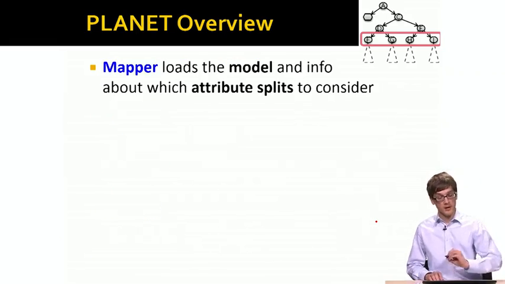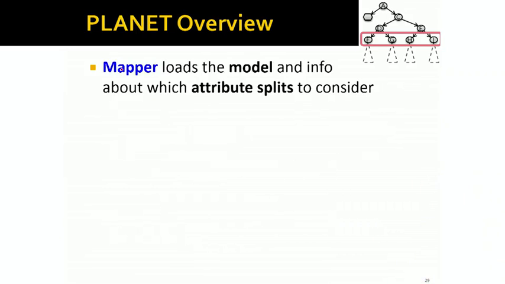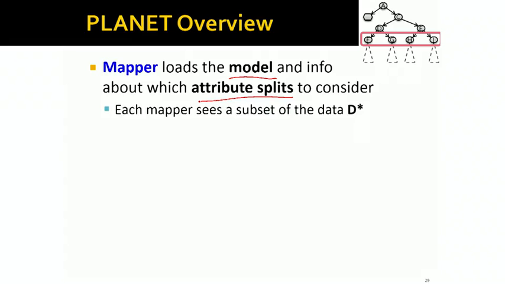So in terms of the overall infrastructure, the mapper loads the model we built so far into memory, and also information on which attribute splits to consider. And then a given mapper only sees a subset of data.